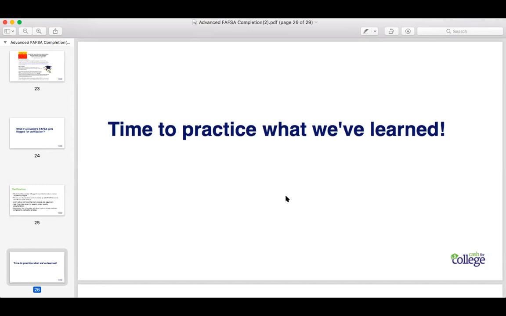You would list that, and what's going to happen is it's going to generate a flag, so conflicting information. The student will be selected for verification. That's most definitely going to happen. But when it comes to the income, you would list just mom's income if that's where the student is staying most of the time. So the correct answer is separated.